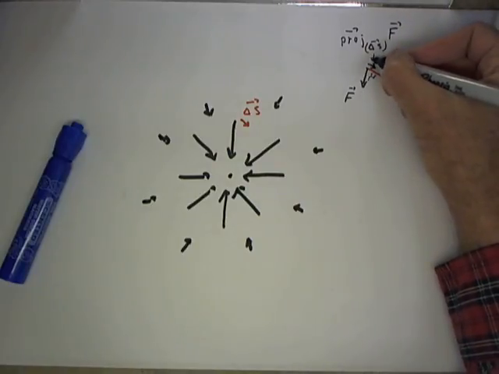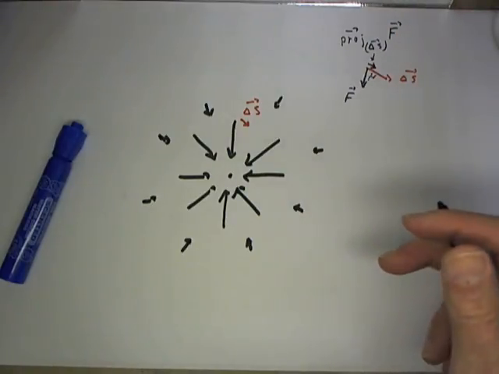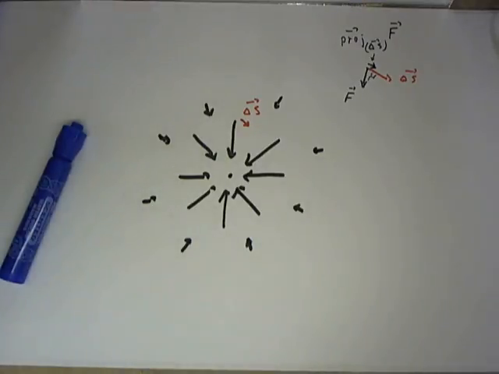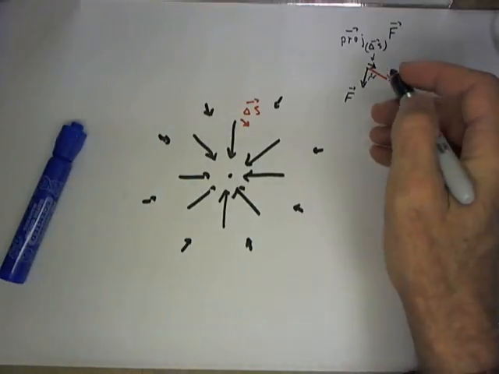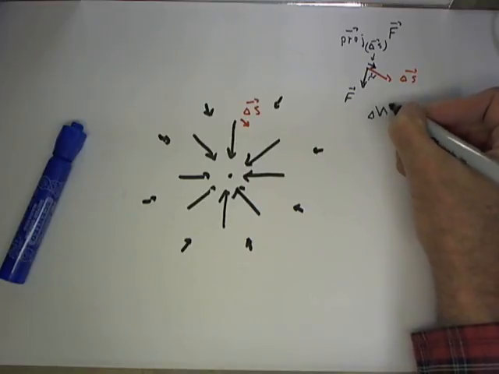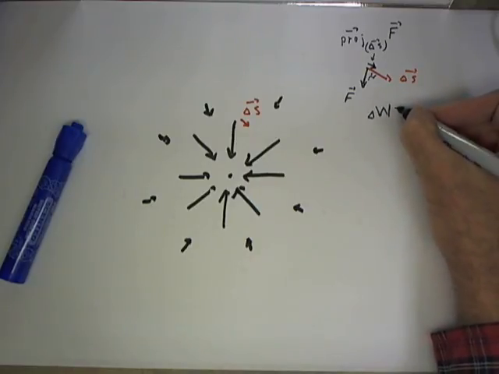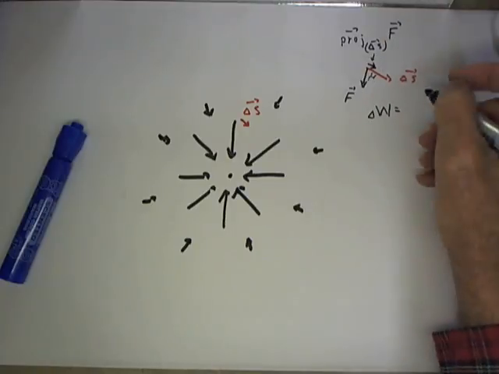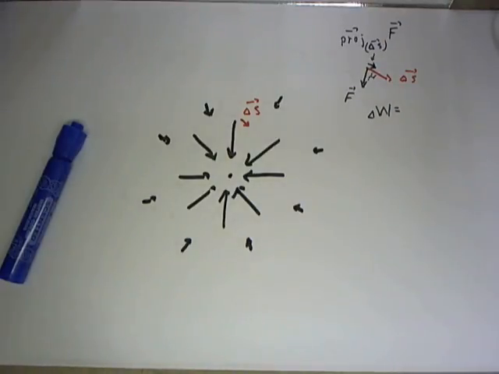So that we have this projection, we have this delta S vector, and the work done on this interval that I'll refer to as delta W equals that projection times delta S.